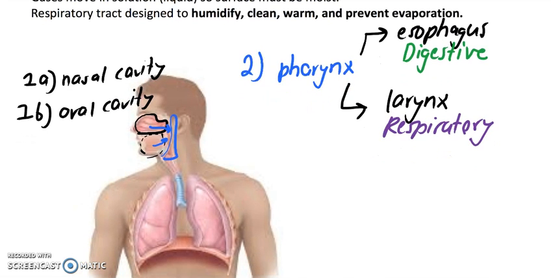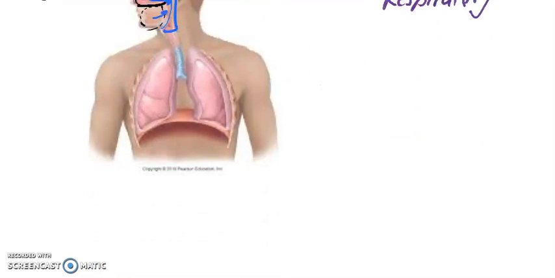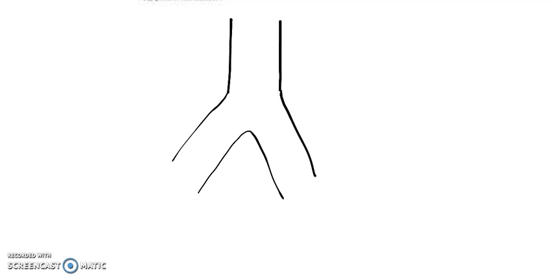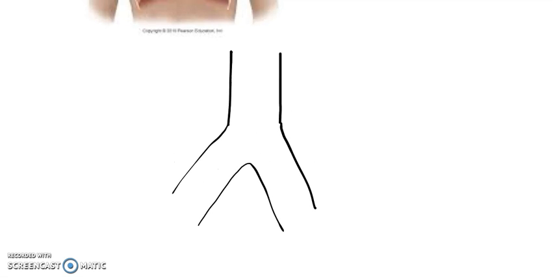And the answer is we have this little flap of tissue called the epiglottis. So let me see here. So here would be my pharynx, and we know it's going to split off into two. It doesn't look quite like this, but it'll demonstrate what's happening. So again, this is my pharynx.